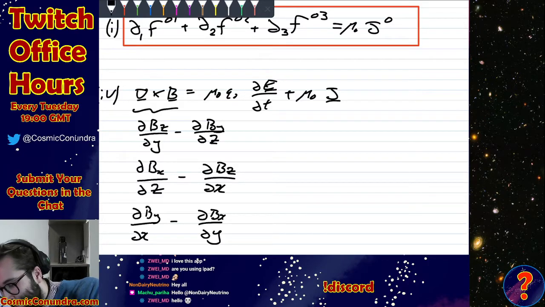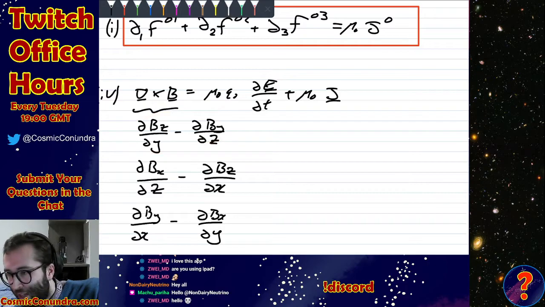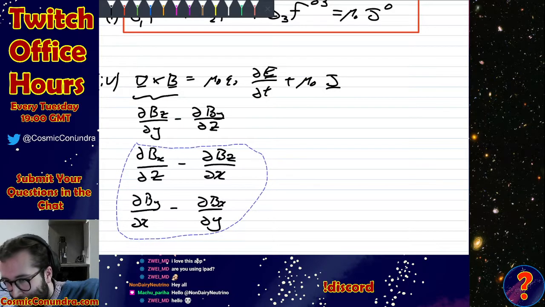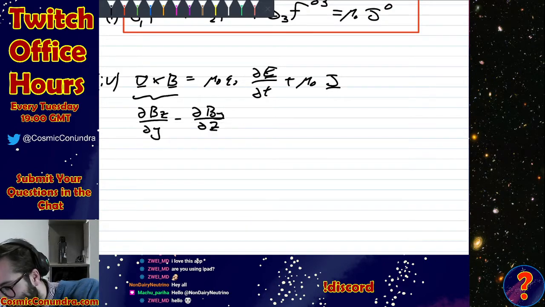But I'm only going to be interested in one component, and then I'll kind of assume that it's true for the rest of them, because I don't want to complicate this more and get into using epsilon ijk stuff to write down vector curls. So I'm just going to look for the x component of this equation. Okay.